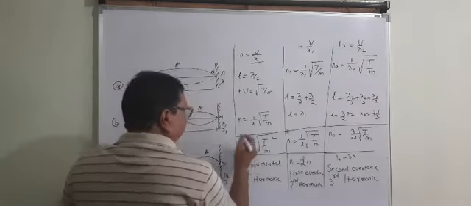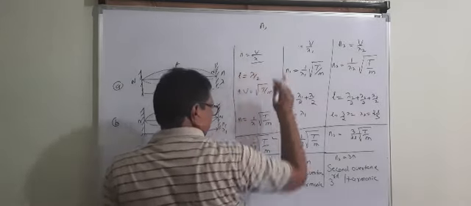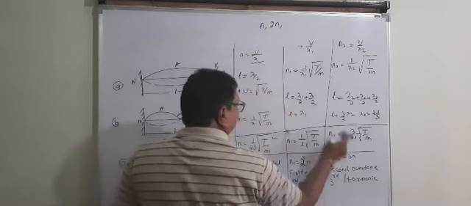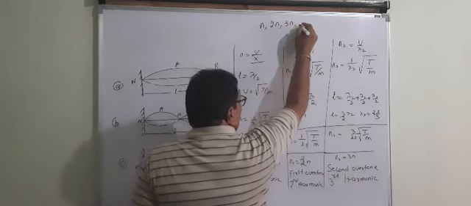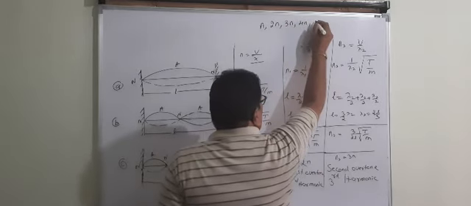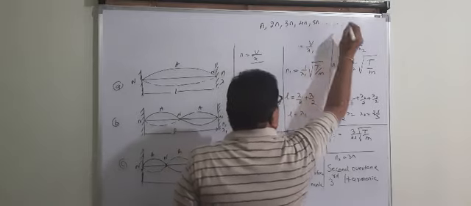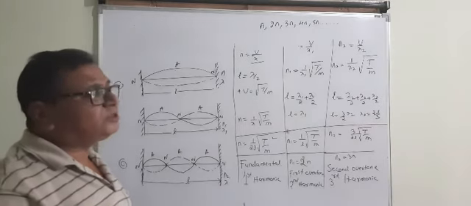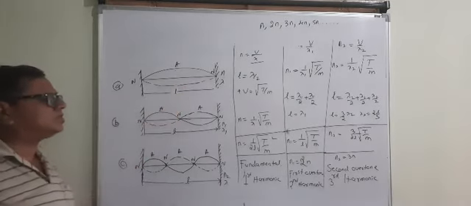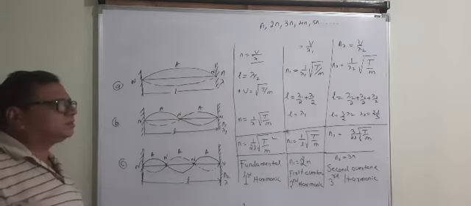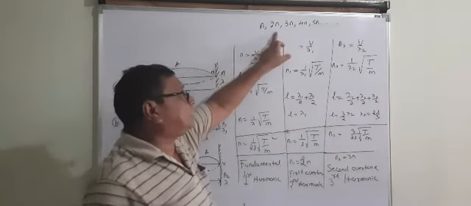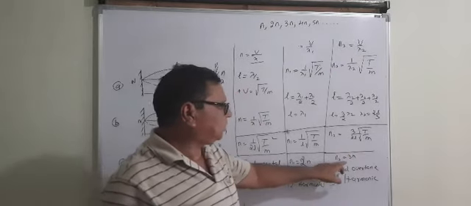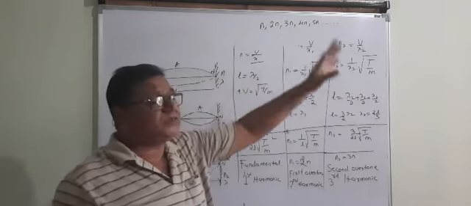If n is the fundamental frequency, n1 is 2n, next higher frequency is 3n, next higher frequency will be 4n, next higher frequency will be 5n, and so on. That is, frequencies produced in the vibration of stretched string are given by n, 2n, 3n, 4n, 5n, and so on.